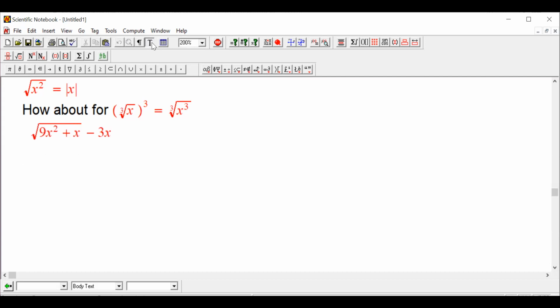And of course, correctness is above all things. Over 1, you don't have to write it this way. But in case this helps you, the conjugate is plus 3x. So we go by almost the same thing.